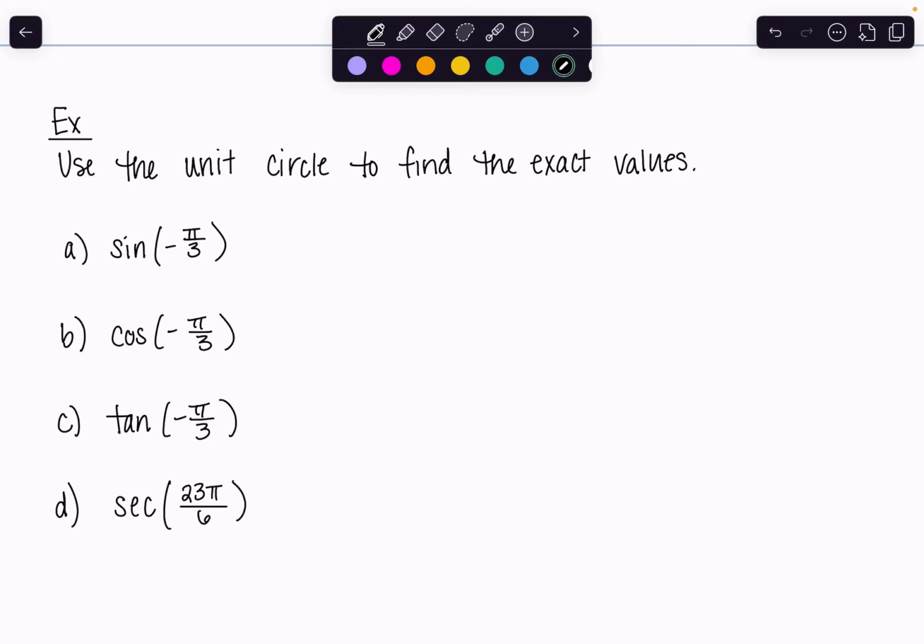If I'm looking at negative pi over 3, that is a backwards angle. And if you think about pi over 3, it is 60 degrees. So this would be 0 degrees here, 0 radians. This would be negative pi over 2. So negative pi over 3 will land somewhere here with that 60 degree reference angle.